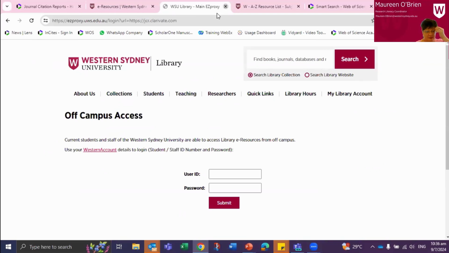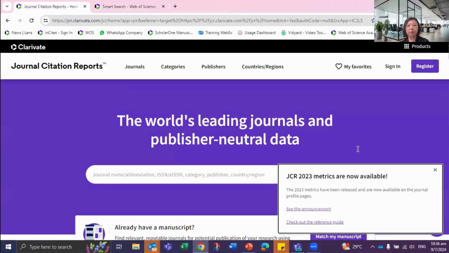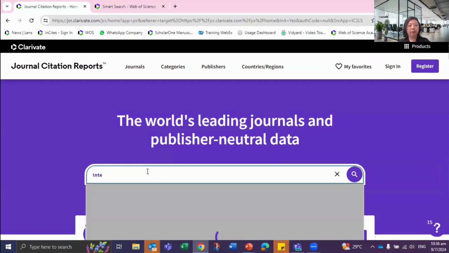Thanks, Dju-Lyn. No problem. So once you're on Journal Citation Reports, it looks like this. You don't have to sign in or register to browse the system. So you can immediately do a quick check of a journal.